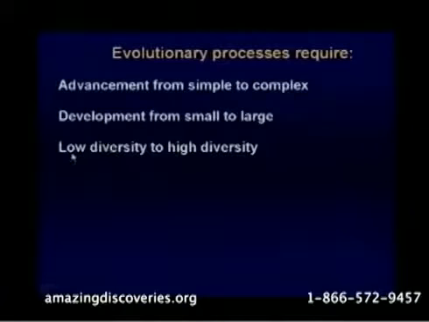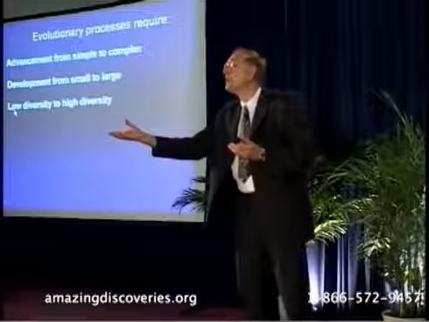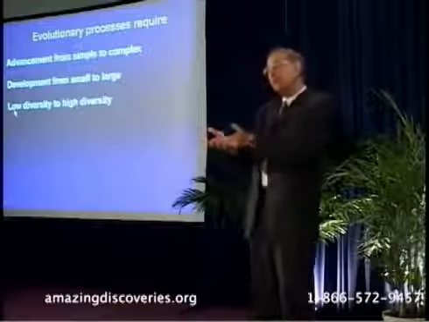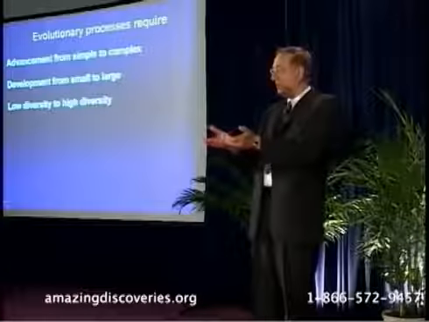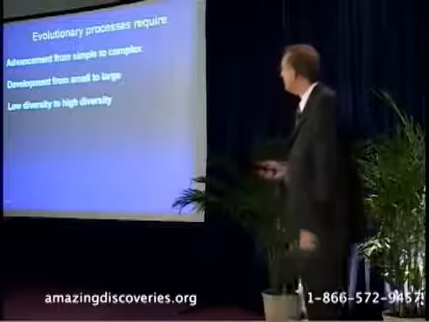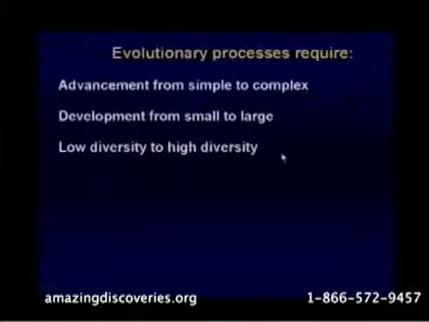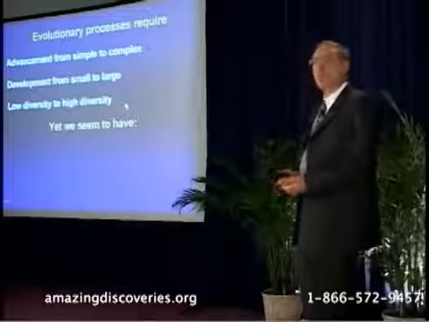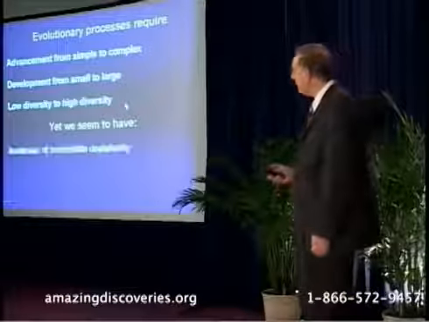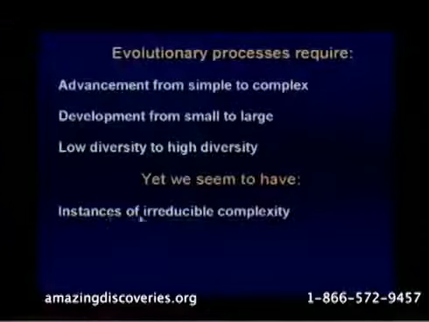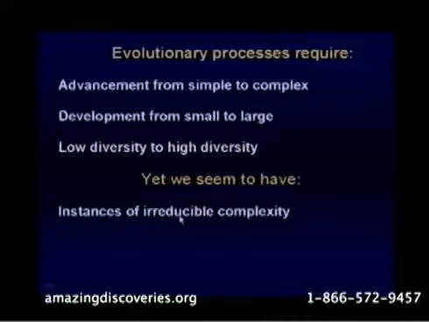And also, if life started somehow fortuitously, somewhere on the planet, suddenly it was there, then there would have only been one. And eventually they could have become more and more if the theory is correct. So we start with low diversity to high diversity. That's logical. That's what you'd expect. But what do we have? No, we don't have that at all. We have irreducible complexity.